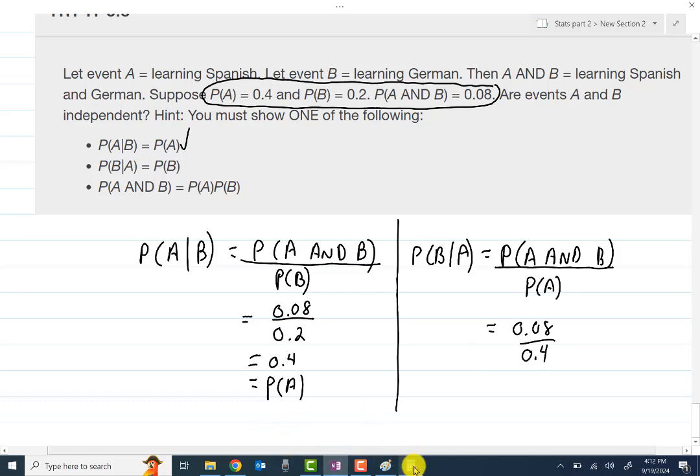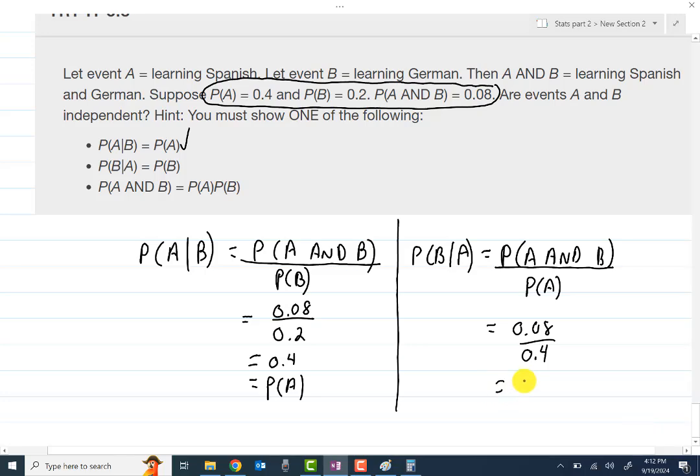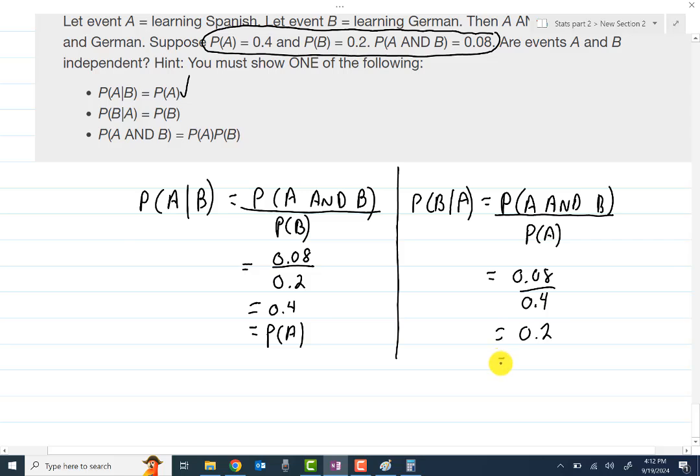Let's go back to the calculator. 0.2. That, of course, is the probability of B. So I'm doing all three of them. You only had to do one, but I'm going to do all three of them.